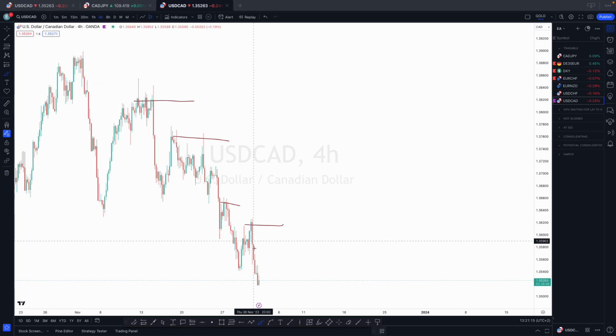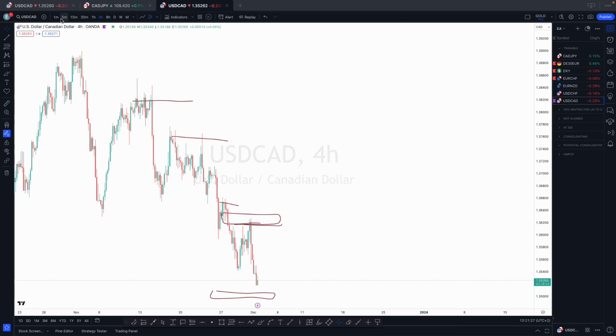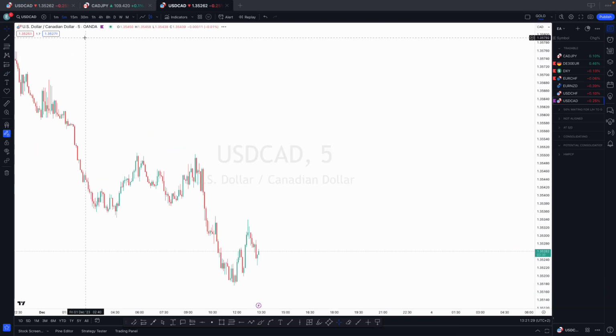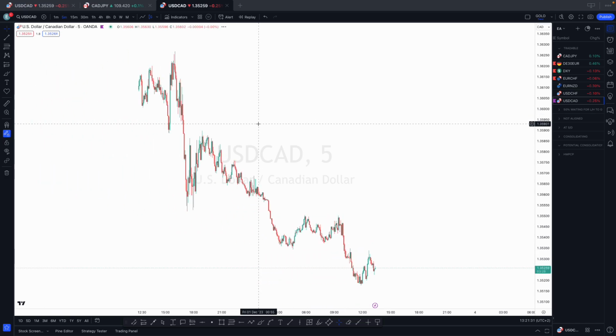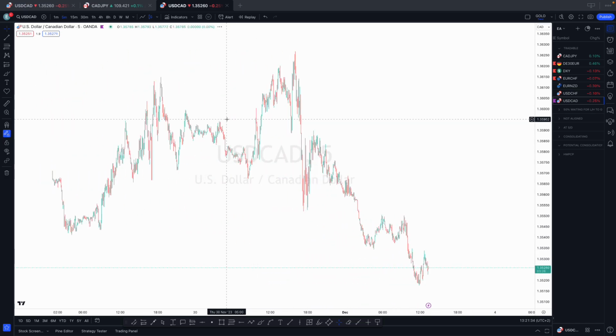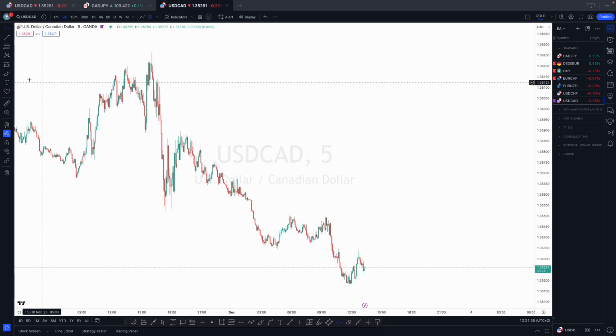And for as long as, I mean, this here, this 4 hours, if I go to 5 minutes, let's say I was able to determine that the market is going to move from here to maybe somewhere here, all I could have done is just go to 5 minutes, and then when I go to 5 minutes, the bot would have taken trades for me.